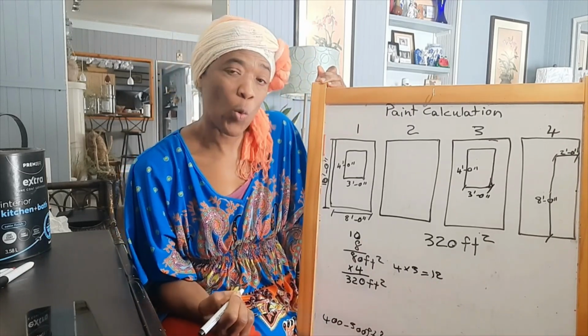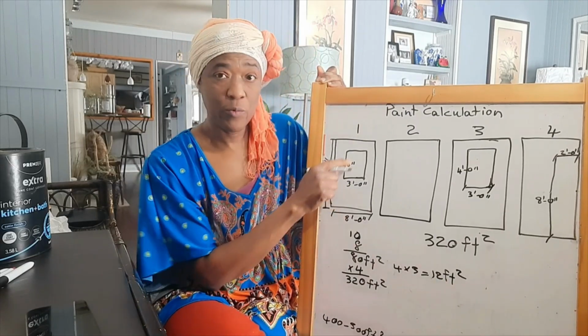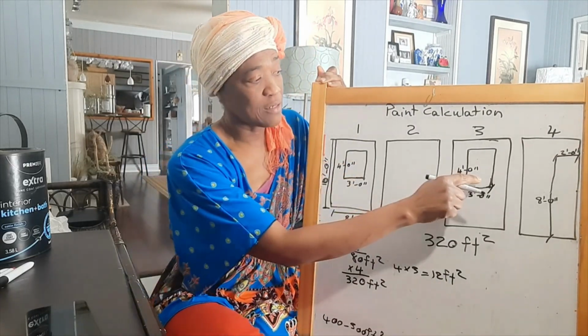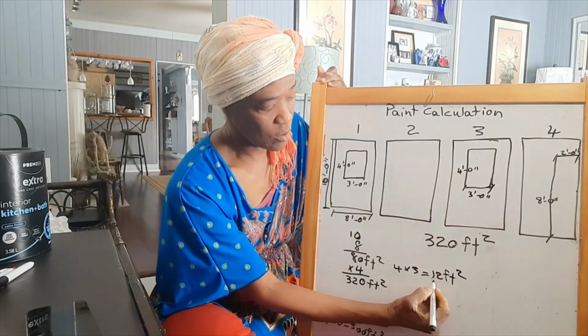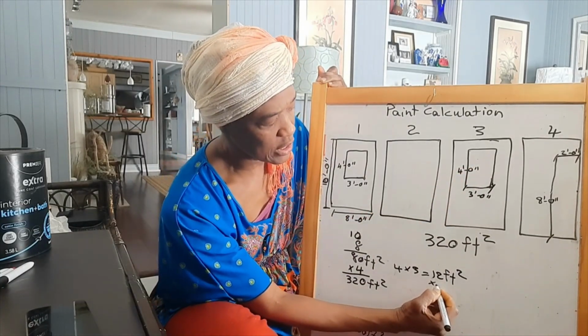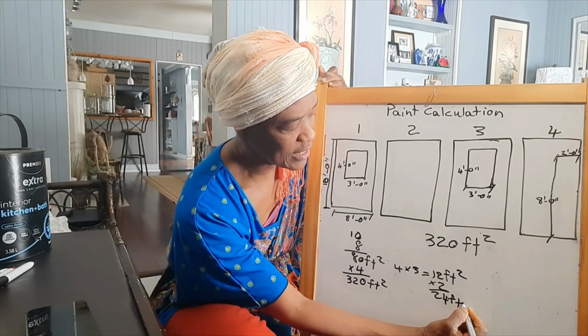So that's 12 feet squared for the window space. Plus, there's another window here, which is the same size. So we can times this by 2, and we have 24 feet squared.